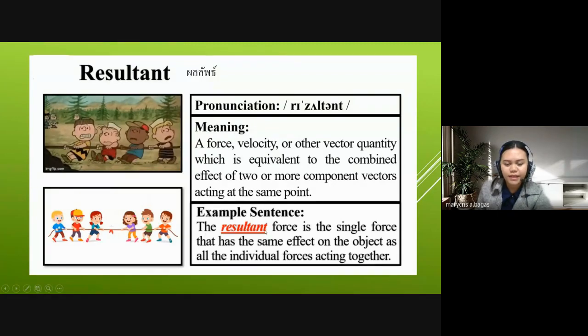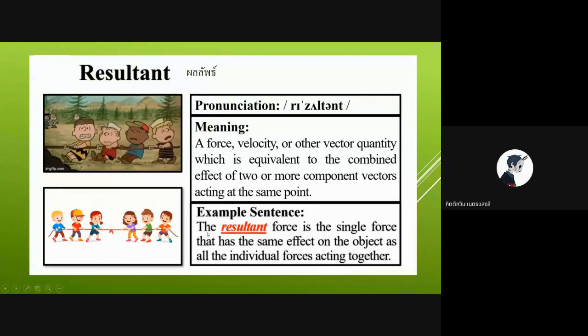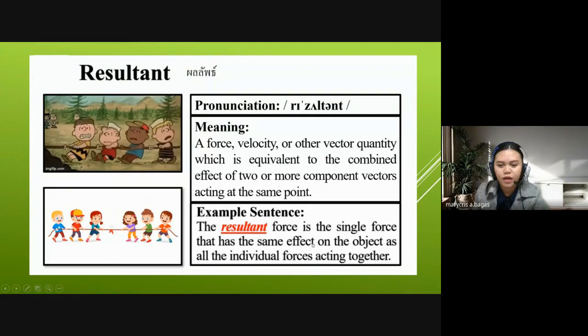The resultant force is the single force that has the same effect on the object as all of the individual forces acting together. Okay, as you can see in the picture, they're doing tug of war. On the left side and on the right side, there are three people on each side.